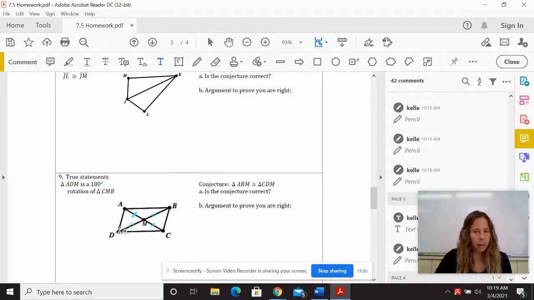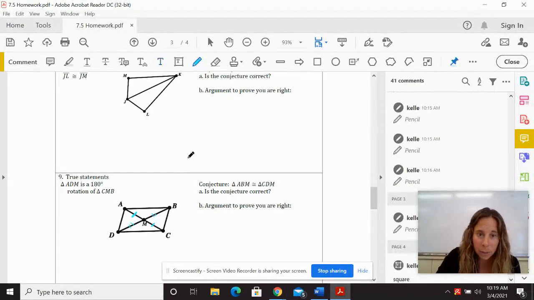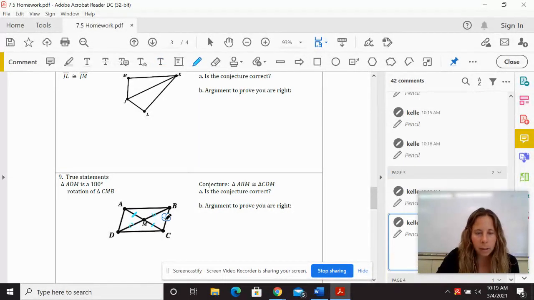So triangle ADM is just a 180-degree rotation of this one. So that means these guys are the same. These are the same. Oh, and also the other, I don't like how the book answers this question. Surprise, surprise. Because then this side would also be the same, this side, 1, 2, 3.